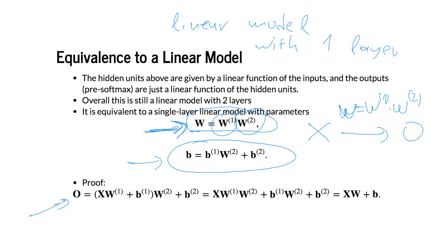Exactly. And the same applies to more layers. It doesn't really change anything. If we stack 10 fully connected layers, one on top of the other, it will still be the same. The equivalent weight matrix will be given by the product of all these matrices. So this result can generalize to as many layers as you want.